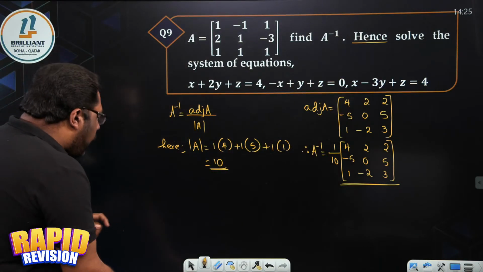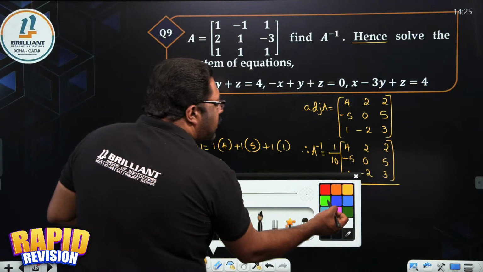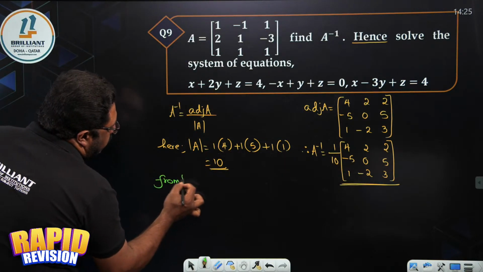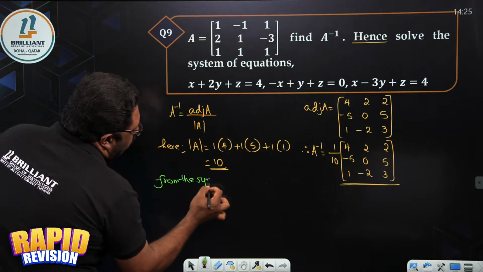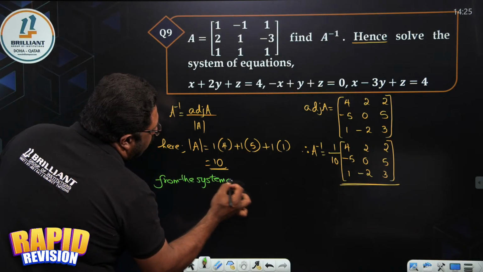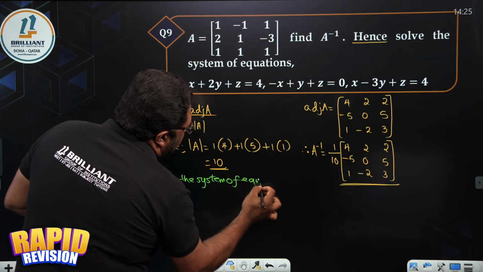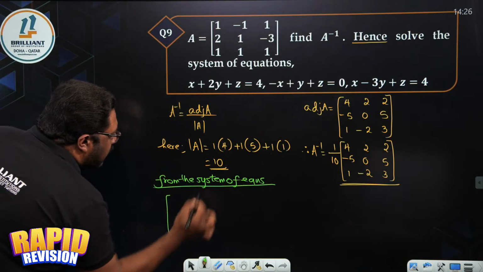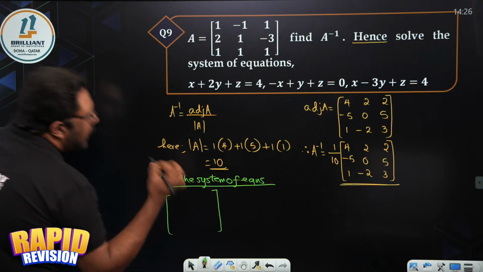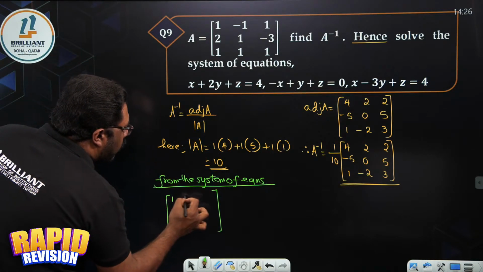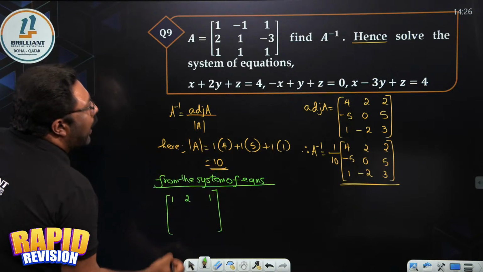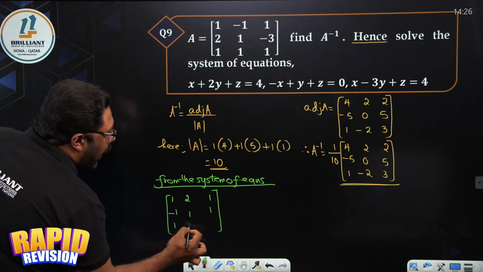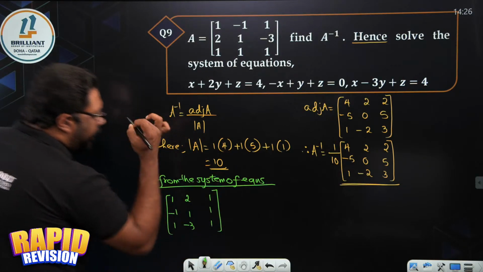Now let's look at the system of equations given to us here. From the system of equations, I will get a matrix from the coefficients 1, 2, 1, minus 1, 1, 1, 1, minus 3 and 1.